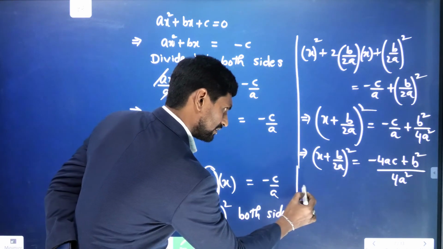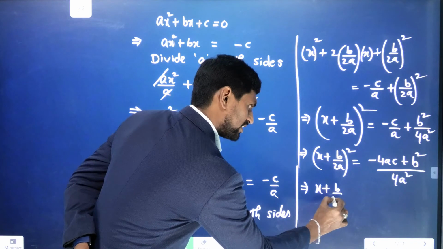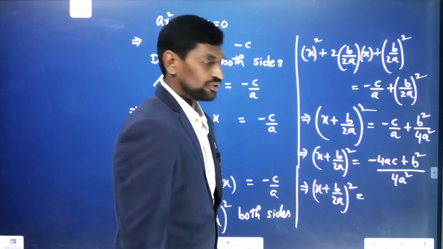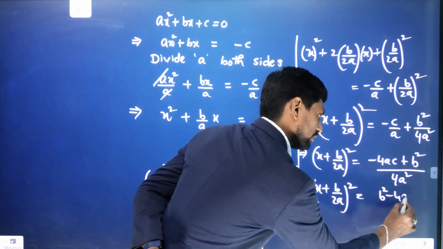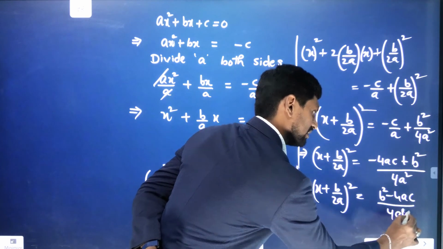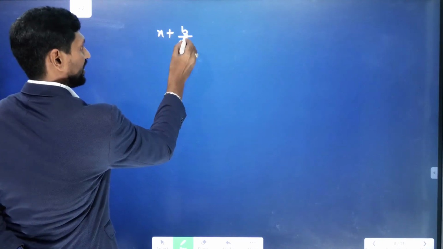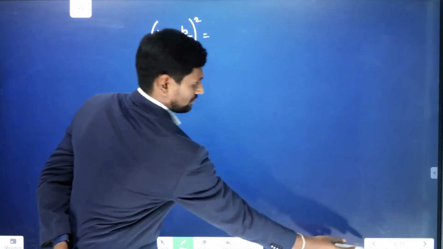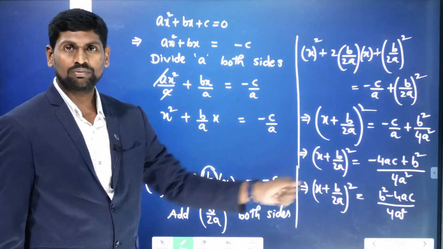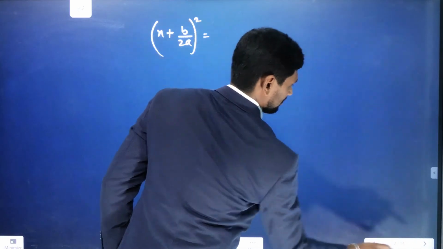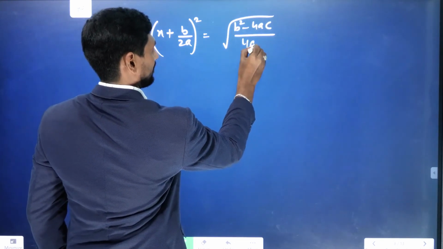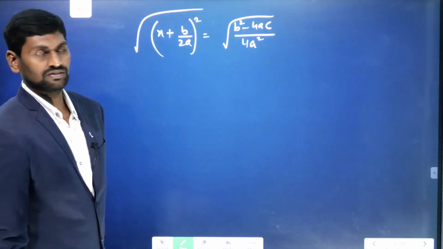That implies x plus b by 2a whole square equal to, write its order. First b square term, then minus 4ac term. So it will be b square minus 4ac by 4a square. Now apply square root both sides.